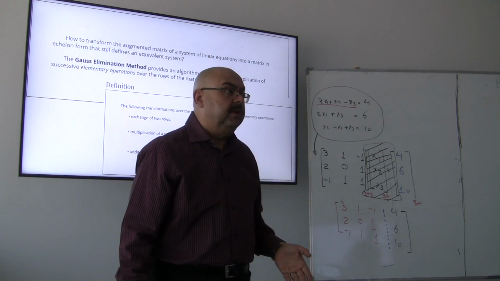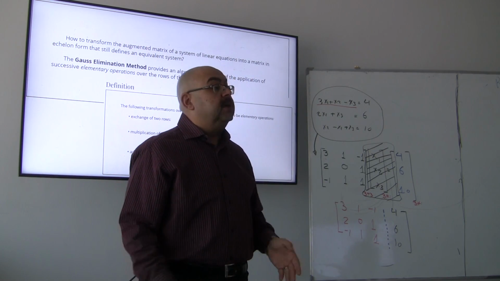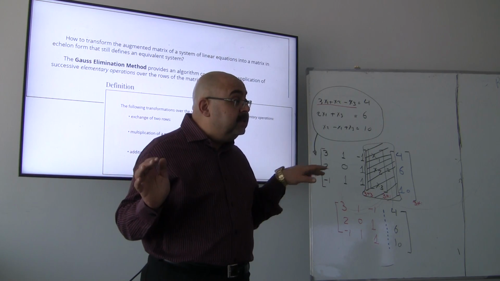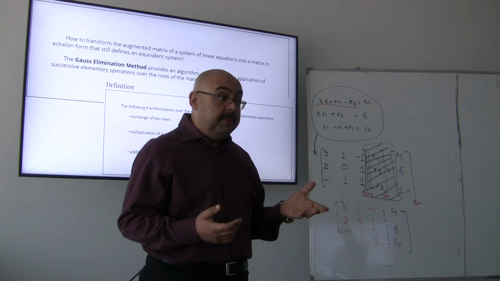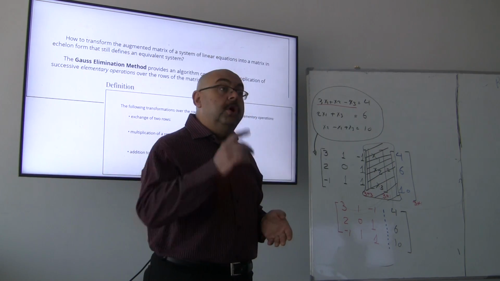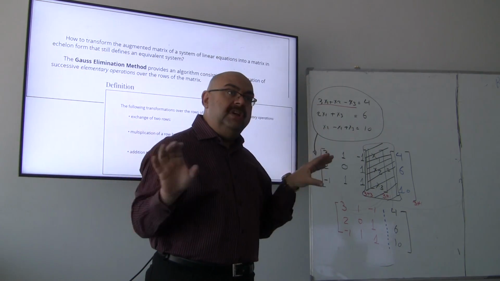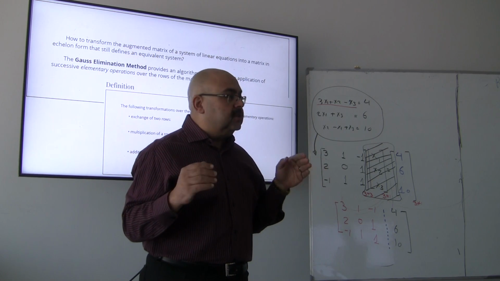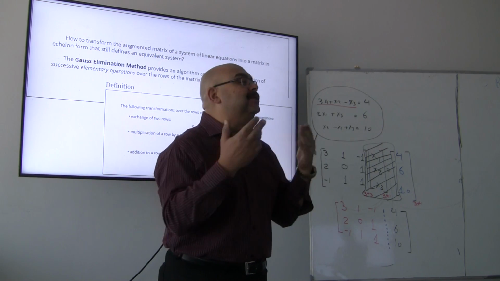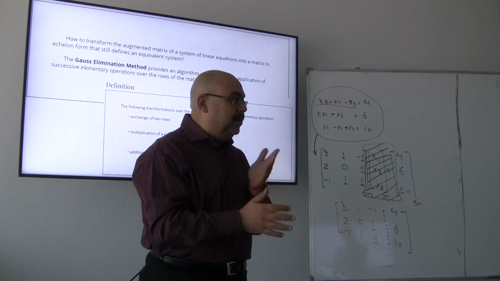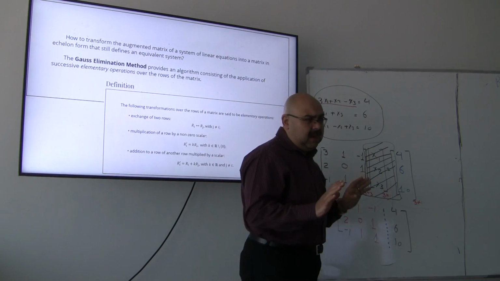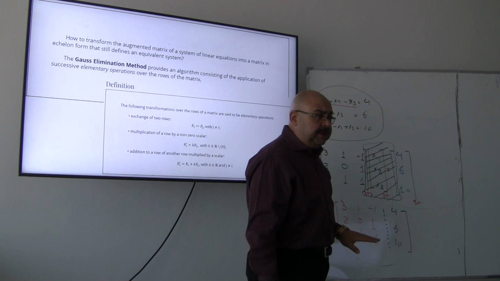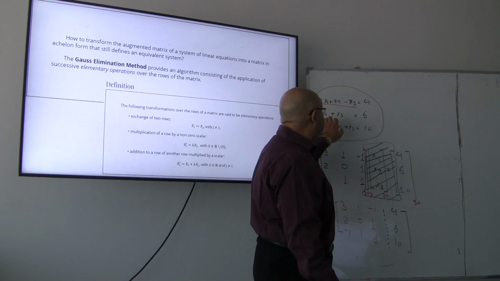Yes, because I've divided all the elements by 3, or maybe I multiplied all the elements by 1 over 3. So multiplying one row by a constant number gives an equivalent row.